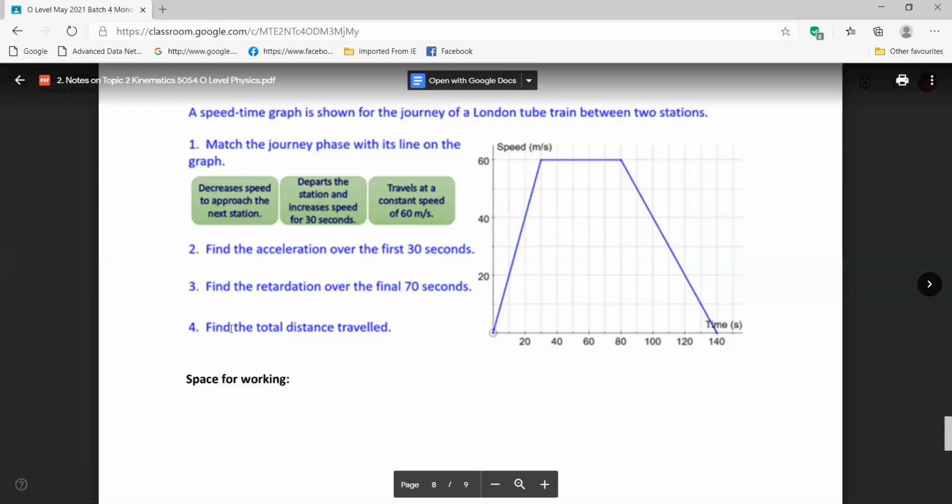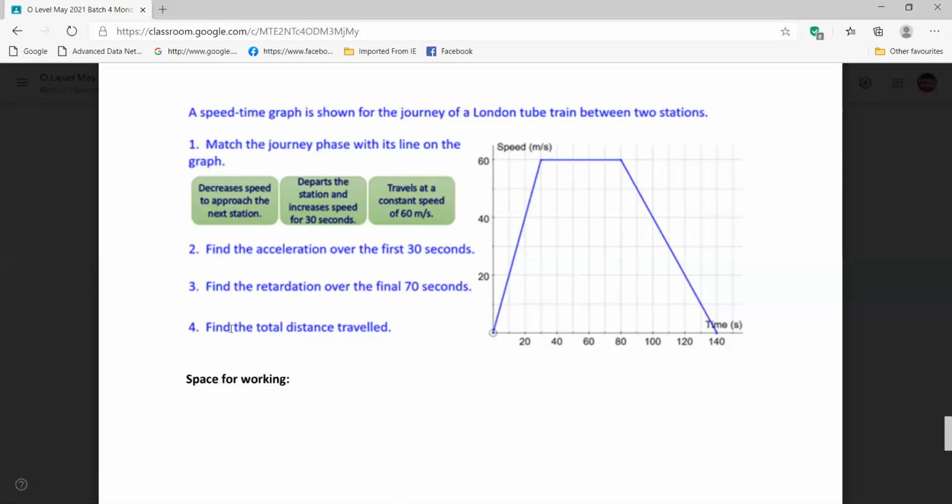Then 4. Find the total distance traveled. So we got 30 from here, 80, 50. So 50 into 60 is equal to 300. 300 plus, okay, I need to calculate.